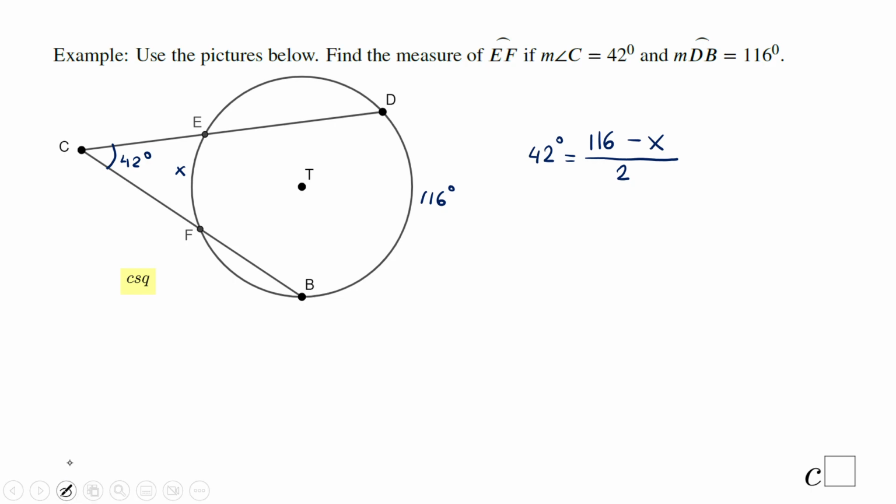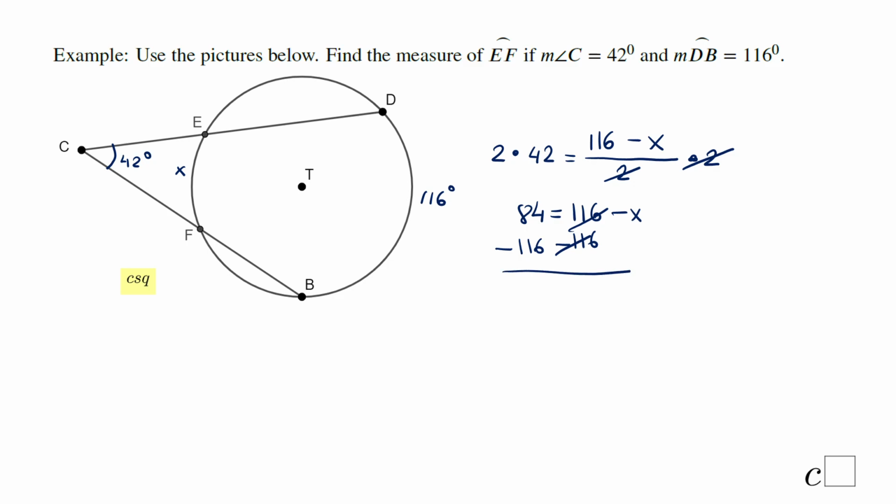And very similar, we're going to solve the problem. We're going to multiply by 2. I erase the degrees to get rid of these two. Don't forget to multiply by 2 on the other side. 2 times 42 is 84 equals 116 minus X. I will subtract 116 here, and I will have 84 minus 116.